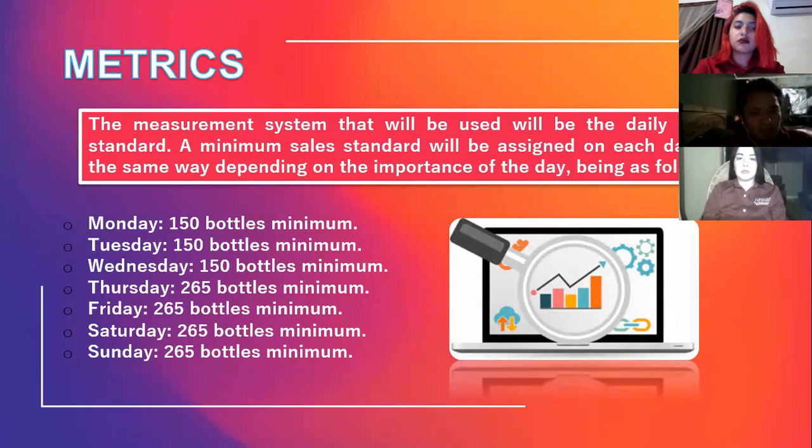Tuesday, Wednesday, 160 bottles minimum. Thursday, 265 bottles minimum. Friday, 165 bottles minimum. Saturday, 165 bottles minimum. And Sunday, 165 bottles minimum.